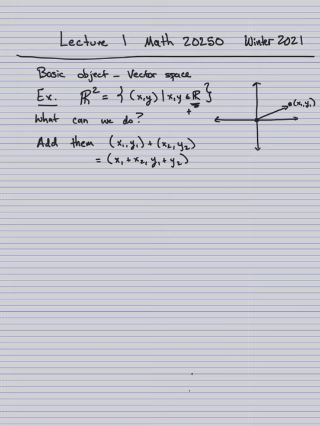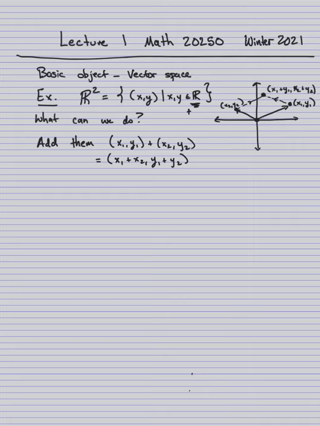So we take (x1, y1), take (x2, y2), and then the way that you see what the added vector is, you take the head of one and add it to the tail of the other. Doesn't matter which order you do this. So you get (x1 plus x2, y1 plus y2). Okay?